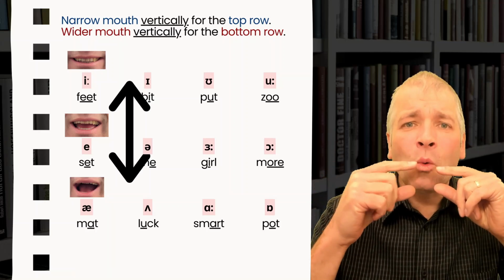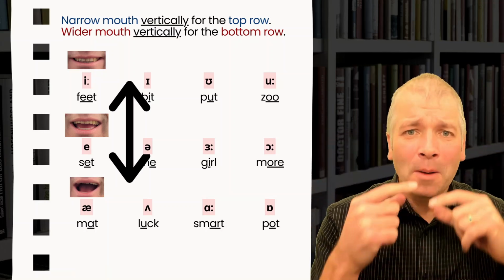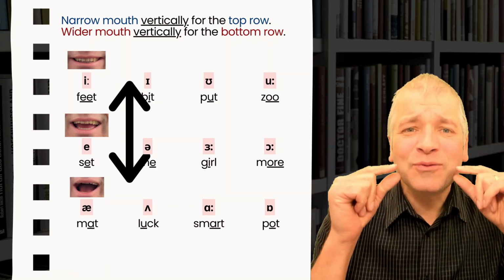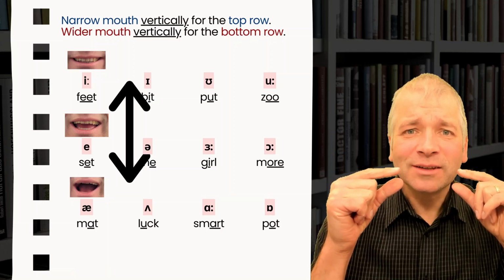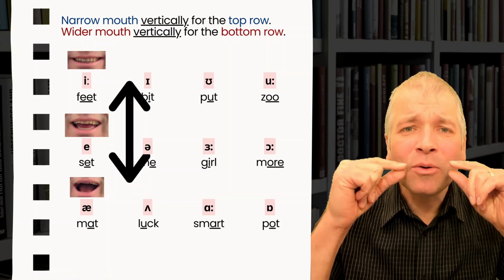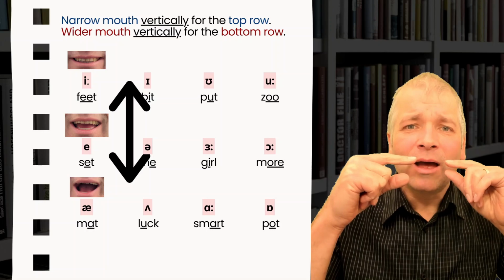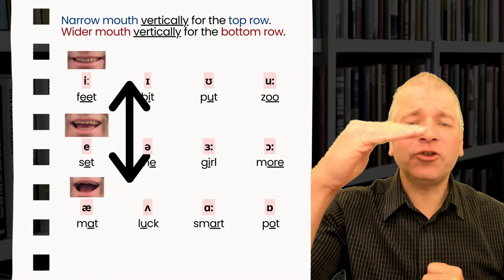But my mouth widened vertically as I went towards the bottom row. My lips got wider, feet, set, mat. Notice how the movement goes from being narrow, top to bottom, to being wider, top to bottom, as I go from the top row to the bottom row.